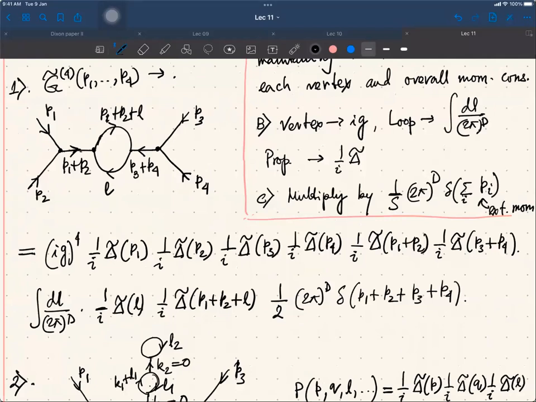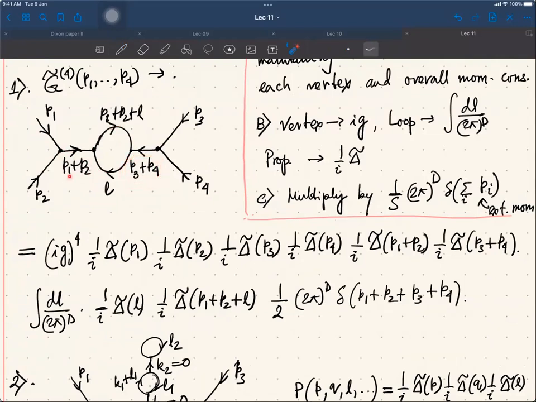For example, look at this diagram. You see, imposing momentum conservation at these two vertices, we have got these two momenta labeled as P1 plus P2 and P3 plus P4. Now the momentum that is going into that loop should come out entirely. So that is why we know that P1 plus P2 must be same as negative of P3 plus P4.